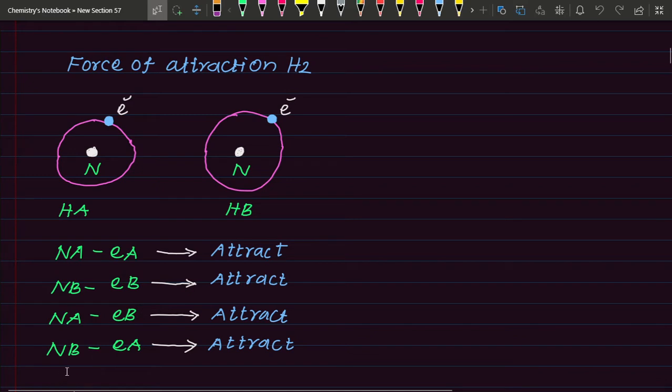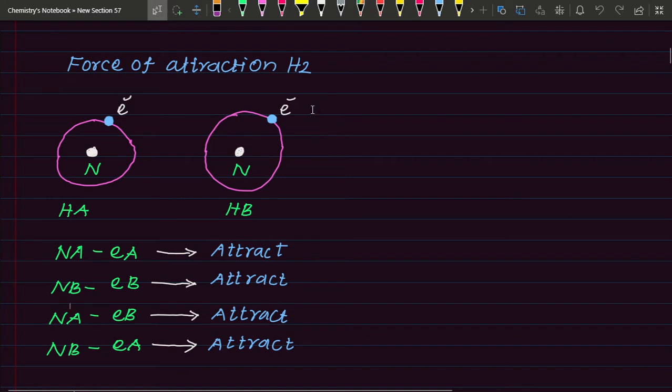Next, nucleus B and electron A, these both are attractive. This is the force of attraction of the H2 molecule.